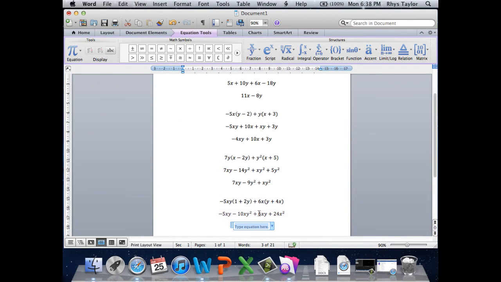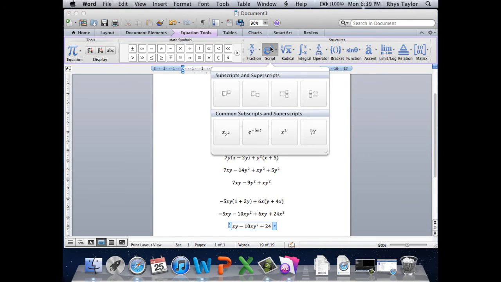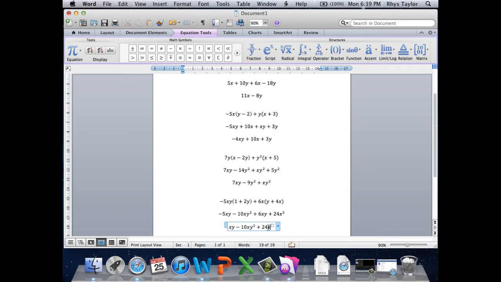Negative 5xy plus 6xy gives me 1xy. I don't need to show the 1, so I can just go to xy. This guy's his own person, so negative 10xy to the power of 2. And add 24x squared at the end. There we are.